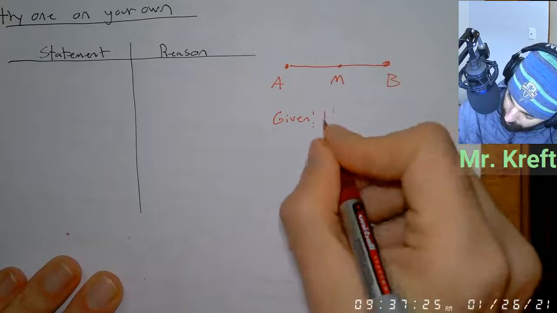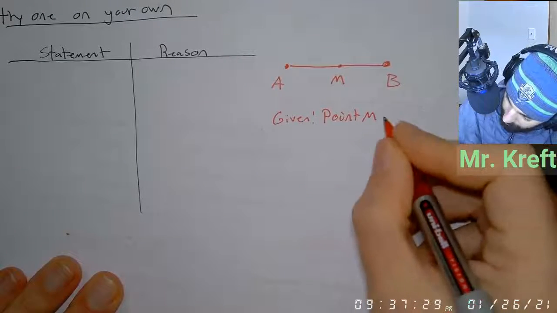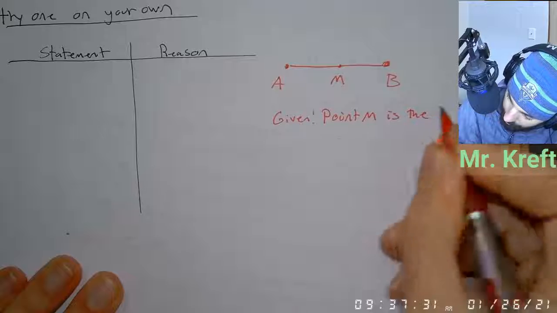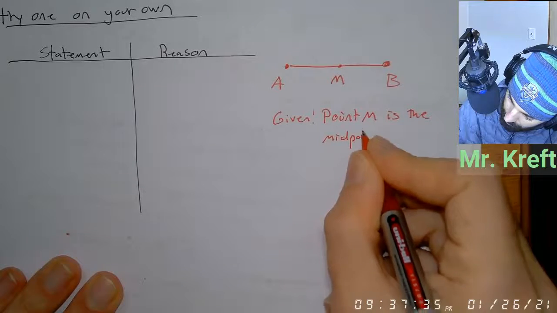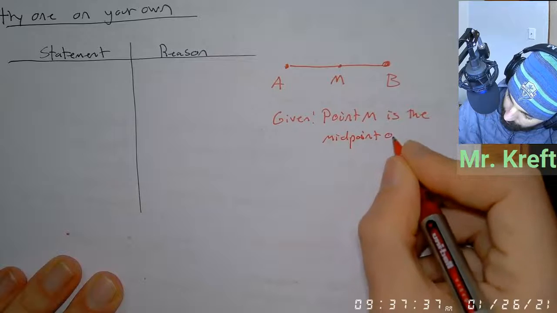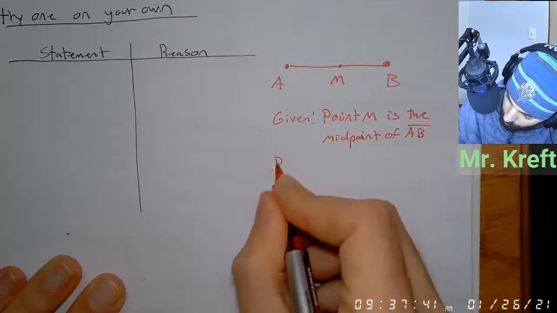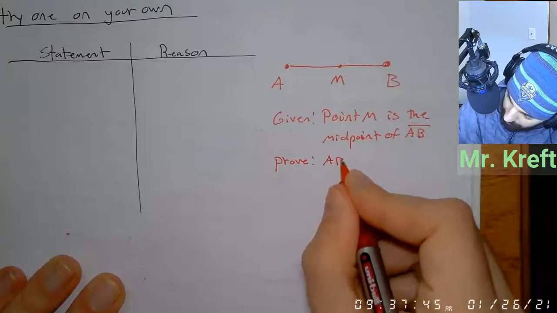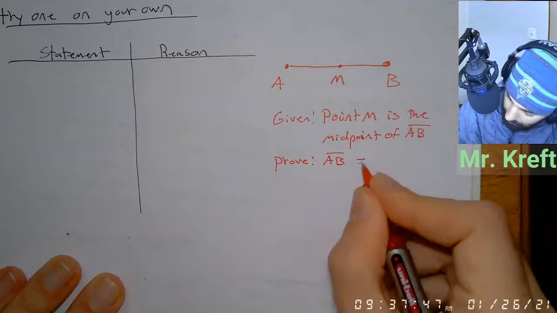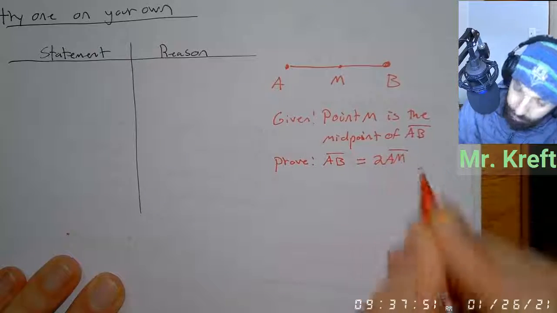Our given is that point M is the midpoint of segment AB. We're going to prove that segment AB is equal to 2 times segment AM.